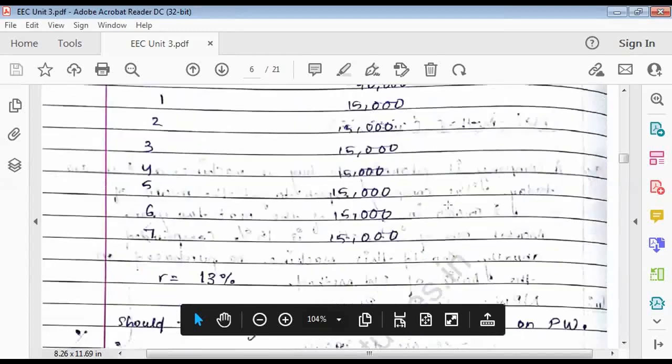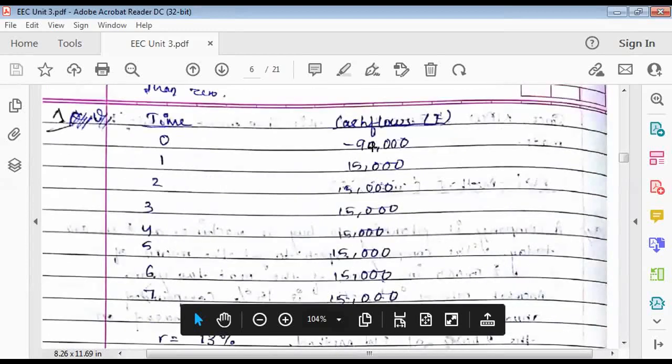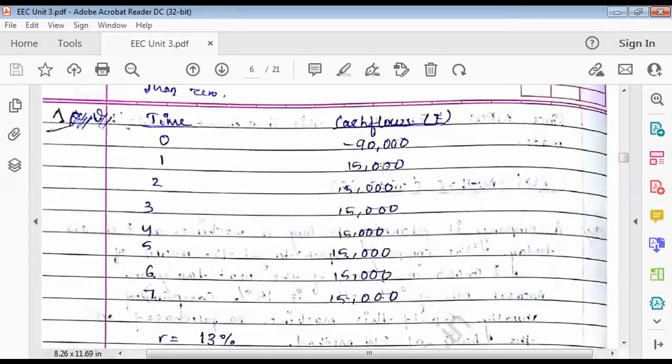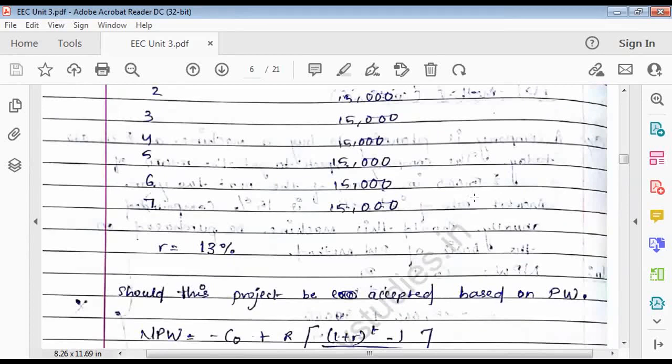So remember the values. 90,000 is the initial investment, returns are 15,000 in each year, the rate of interest is 13%, and the number of years is 7.